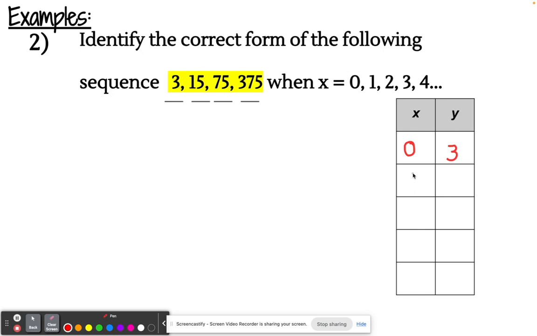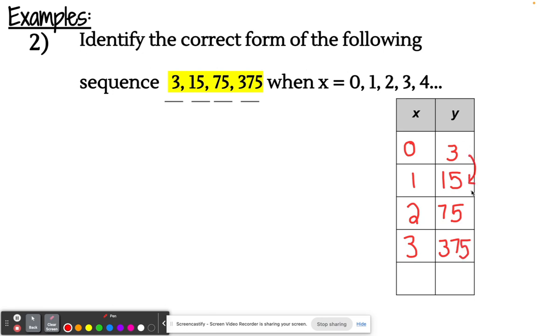My second term is 15, but that's when x is 1. Then when x is 2, y is 75. When x is 3, y is 375. And it says etc., but I'm not going to do my fourth term.